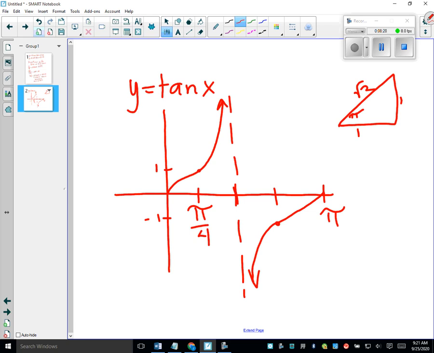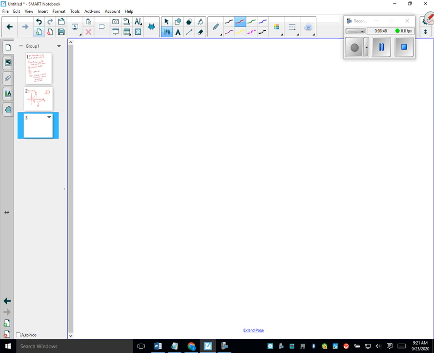All right. Now, that's tangent. Let's talk about what cotangent looks like. So clear those out. Let's graph y equals cotangent of x.